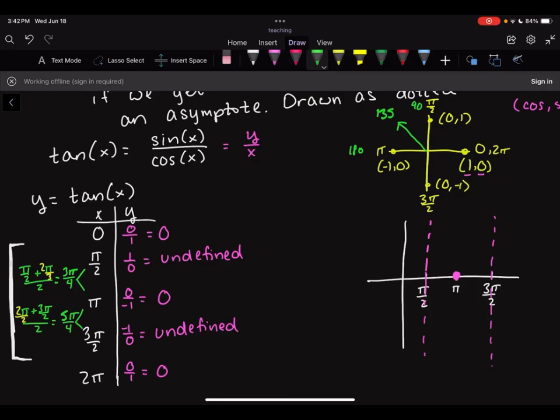So this gave me 2 more points to use. So I now have 3 pi over 4, and I have 5 pi over 4.